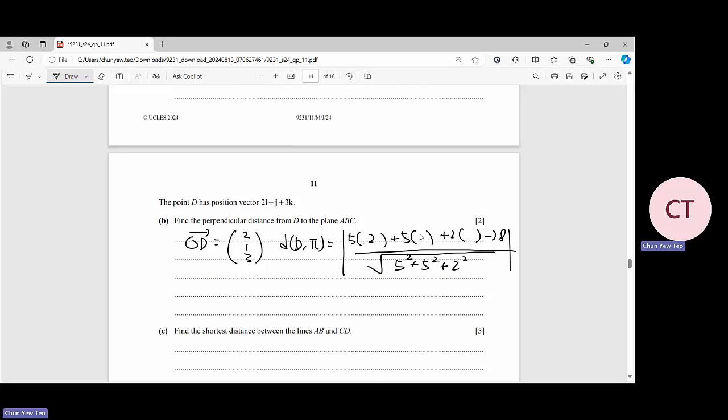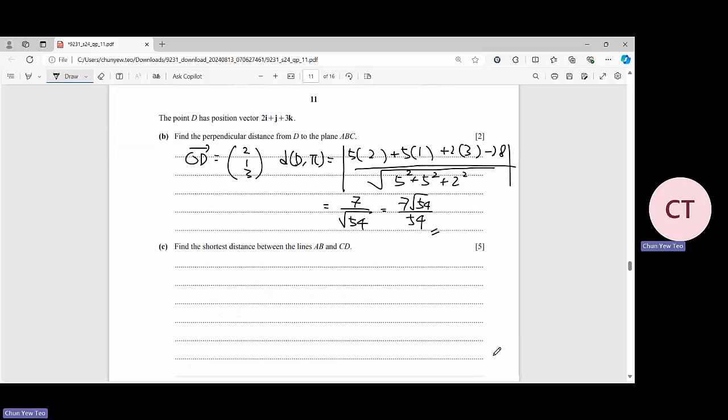Your x, y, z will be 2, 1, 3. Pressing a calculator, you get 10 plus 5 plus 6, 21 minus 28, which is 7 over square root of 54, or you can write 7 square root of 54 divided by 54. This is the answer for question B.